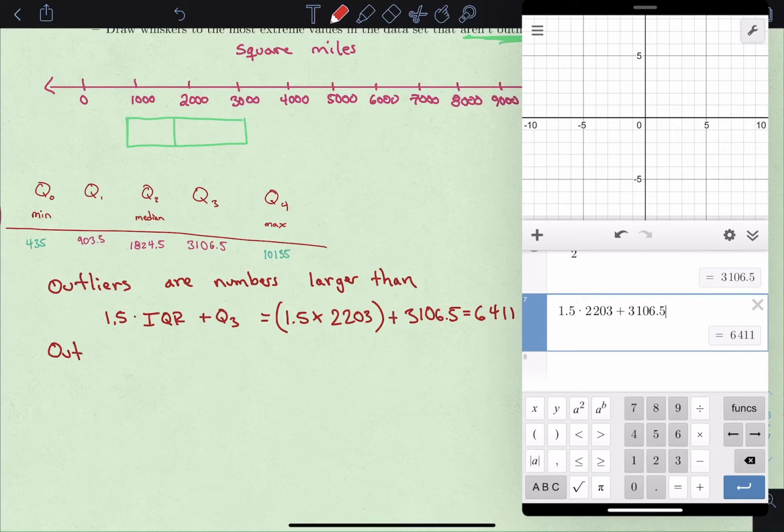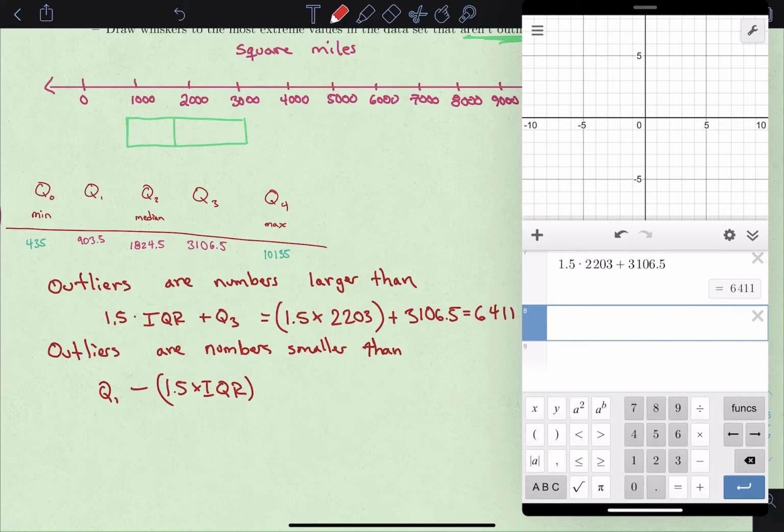Outliers are also numbers smaller than, and here we'll take away from Q1 that same thing, the 1.5 times the IQR. So here Q1 was 903.5.